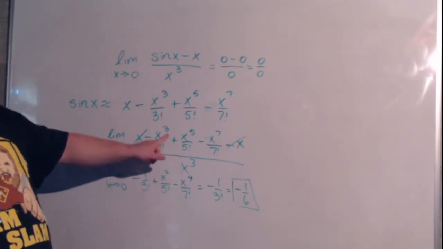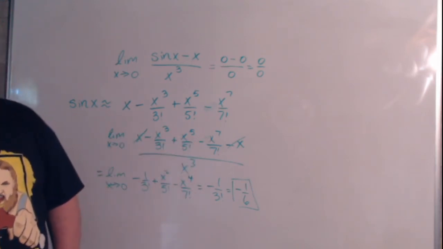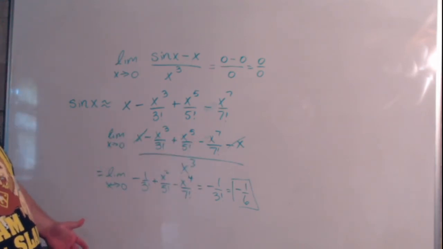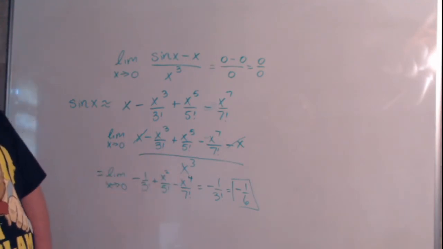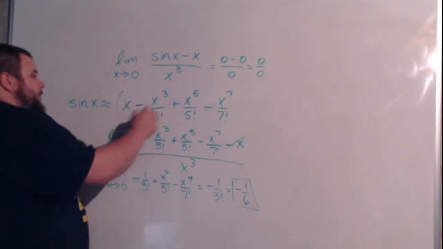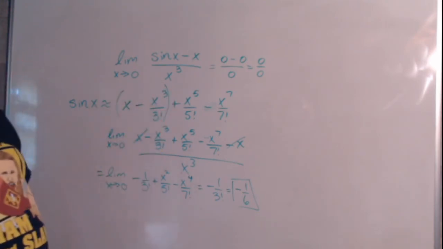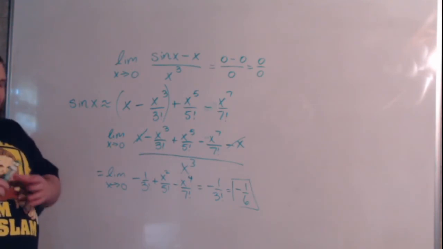And so any term that has more than just x cubed up top is going to end up going to 0 because it'll have some x left in the numerator. So in fact, I really didn't need to take any more than the first 2. But I took a few more just to demonstrate it.